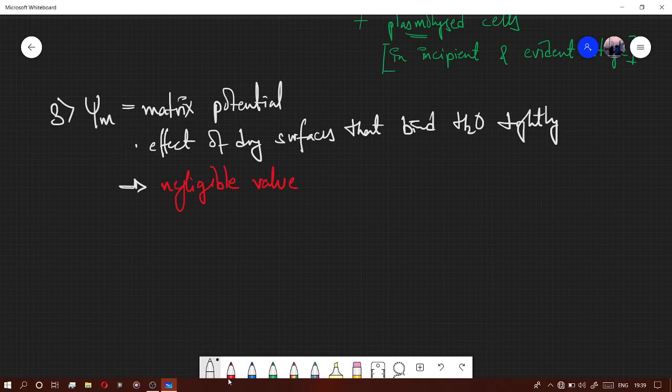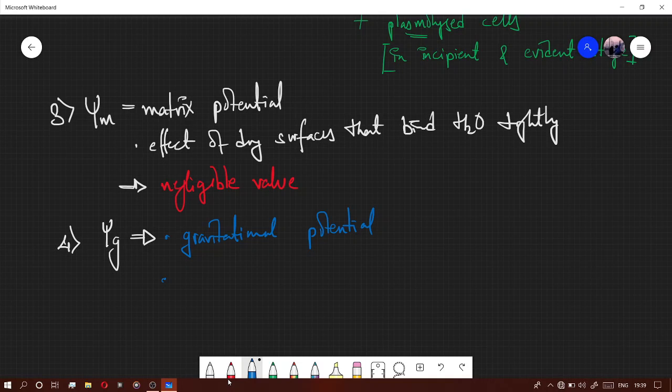And last but not the least, yes, please don't study too much of these. You can search on Google and you will get a hefty answer, but I don't think that is needed. So psi g, that is gravitational potential, right? And what is gravitational potential, you might ask?